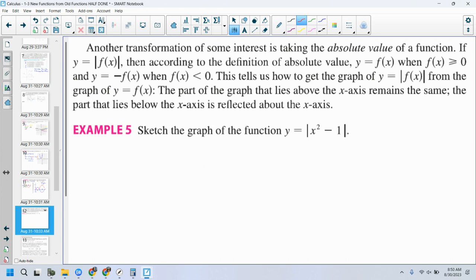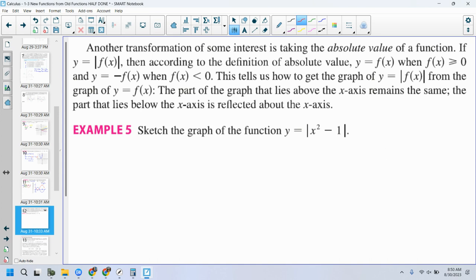So basically, the transformation of taking the absolute value just takes everything below the x-axis, everything that would normally come out negative, and flip it above.